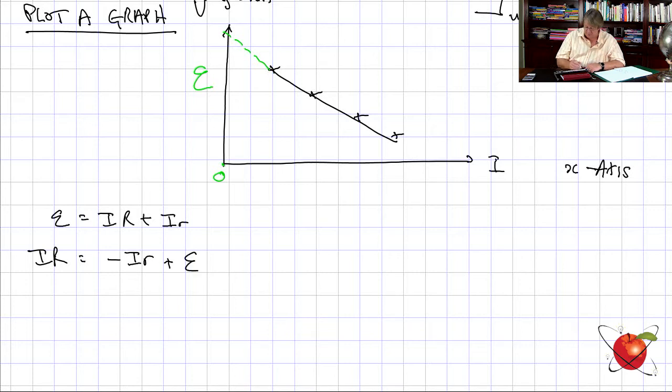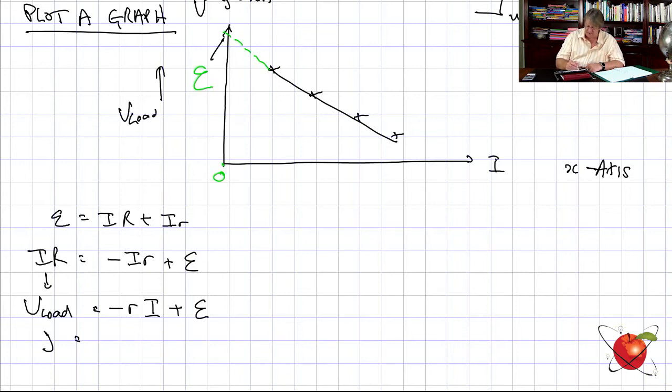But this IR here is V load, so V load is equal to minus r times I plus E. This V load is my y-axis, and EMF is there.